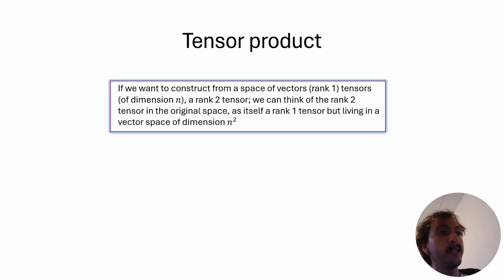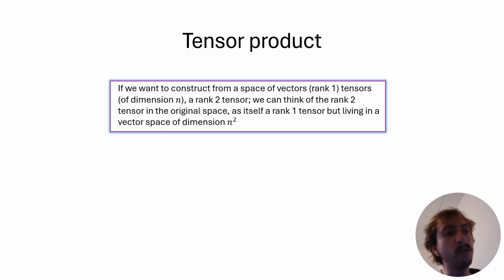So, for the tensor product, we call it a tensor product because it's actually, as well as a way of stitching vector spaces together, a way of taking two tensors and forming a tensor of higher rank. That is a tensor with more indices.